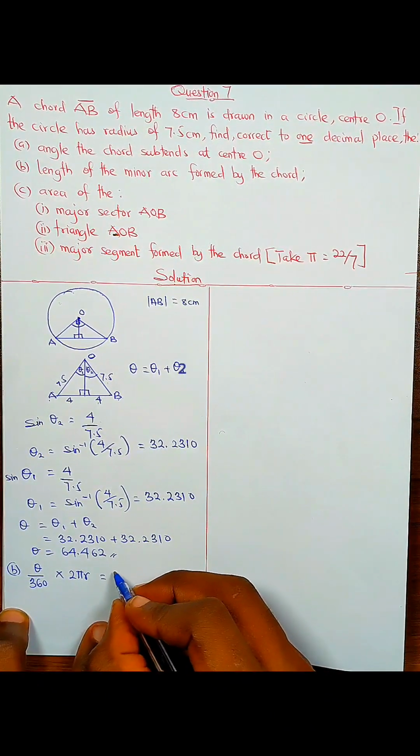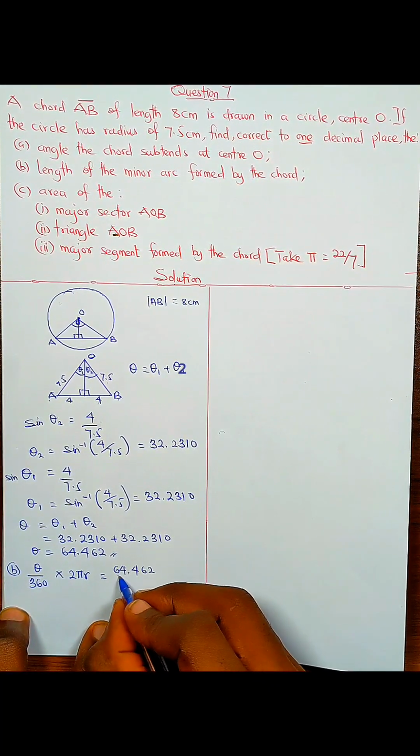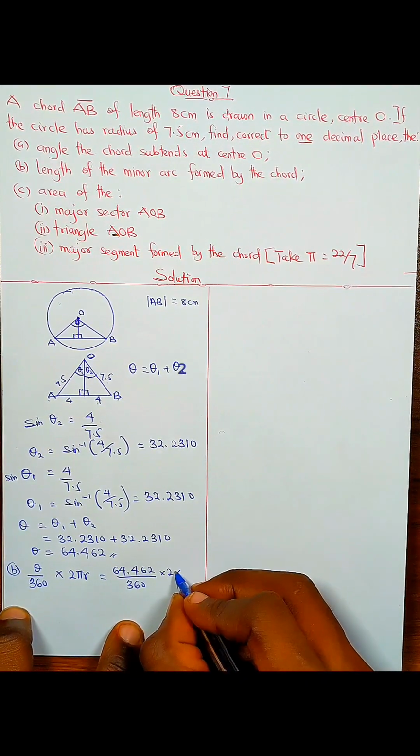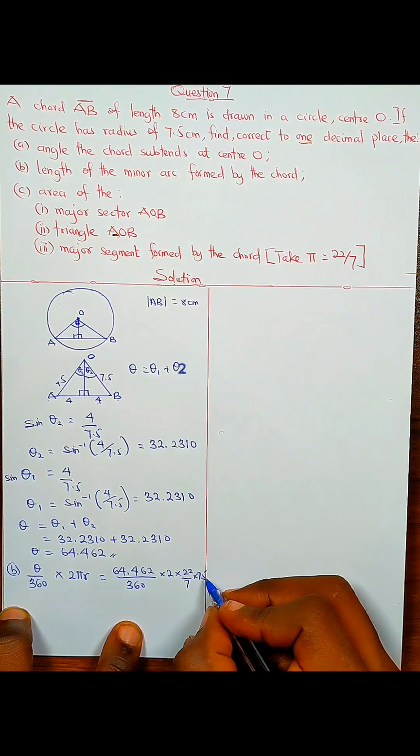Which means we're going to get 64.462 over 360 times 2 times 22 over 7 times 7.5, which was given.